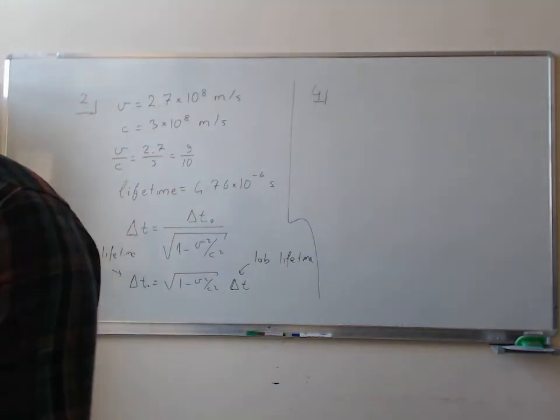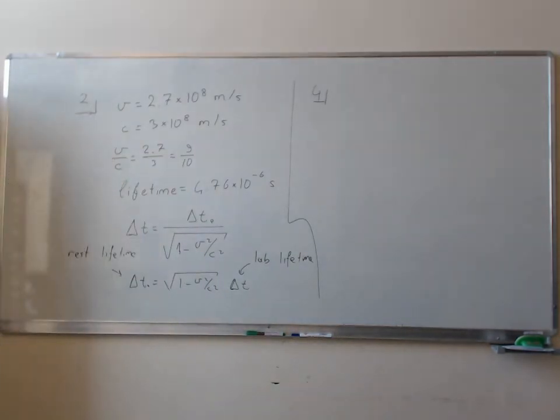So let me go over here. If you were to travel to a star 135 light years from Earth at a speed of 2.8 times 10 to the 8 meters per second, what would you measure this distance to be? Okay.